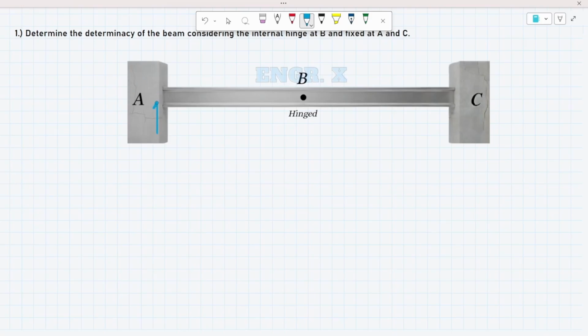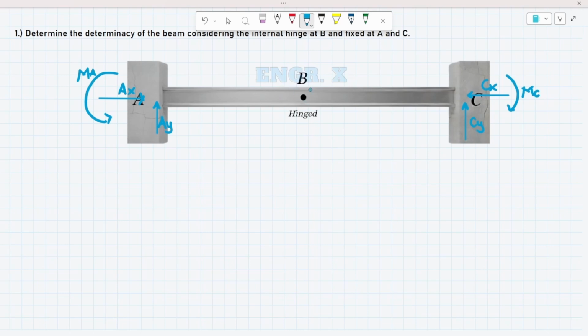We have the vertical force, let's call this one AY, the horizontal force, AX, and the moment at A, that is MA. On the other side, sa C naman, we have CY, CX, and the moment at C.